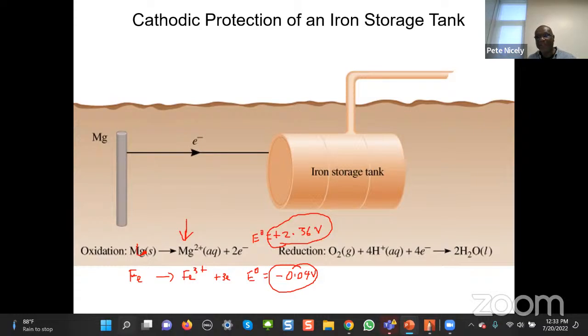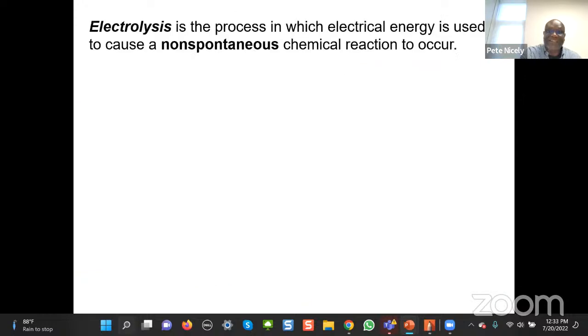Okay, so now that we have talked about cells and all of that, that's the first part of our discussion in this chapter. The next thing we're going to talk about here is electrolysis, which is basically using an electric current to drive a non-spontaneous reaction, right?